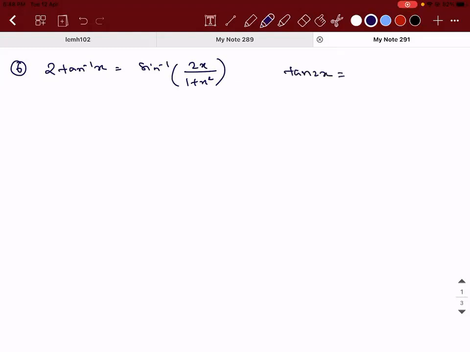What is tan 2x? Can someone tell me? 2 tan x by 1 minus tan square x. So if I ask you, how did you get it? You know the answer. Tan of x plus x, right? Tan x plus tan x by 1 minus tan x into tan x. Correct? But how can you write the same thing in terms of sine?